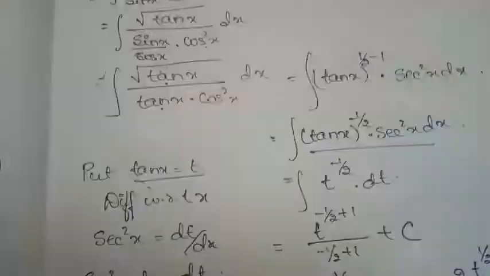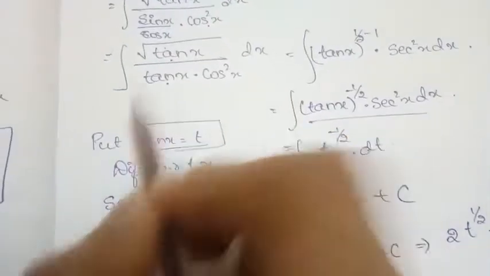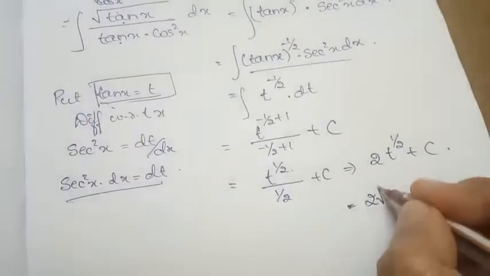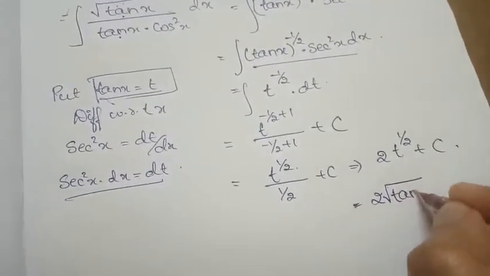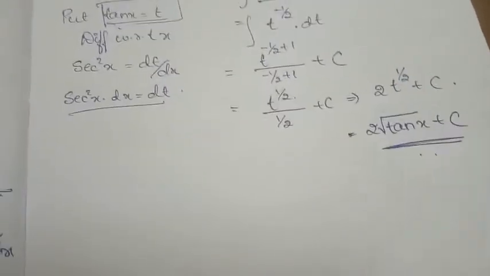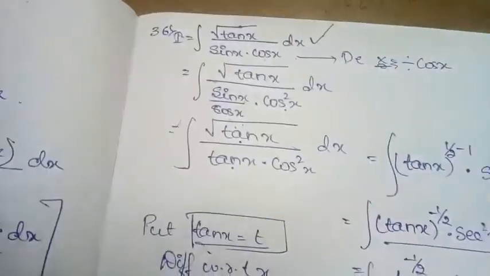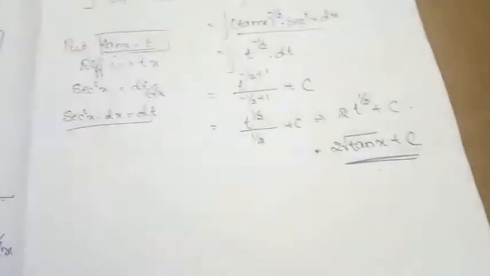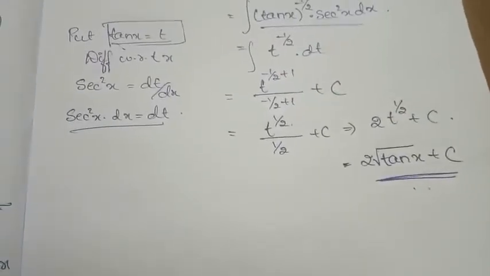It is tan x. So it becomes tan x to the power 1 by 2, which is the square root of tan x. So 2 into square root of tan x plus c is the integral of the given question, root of tan x divided by sin x cos x.